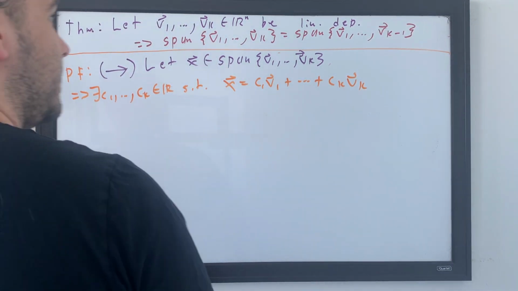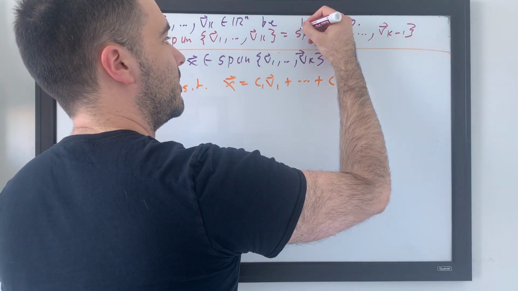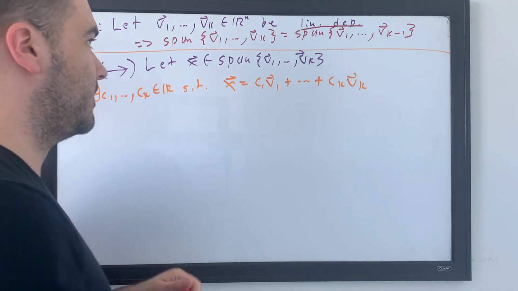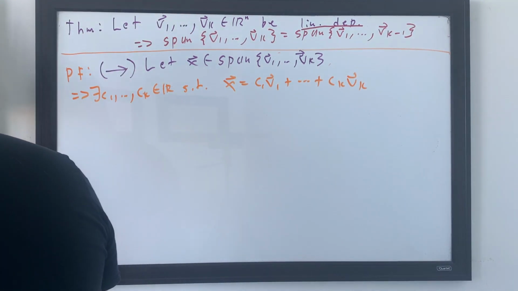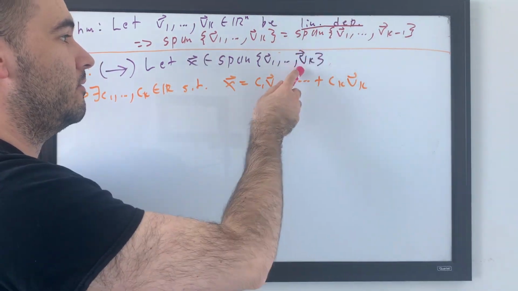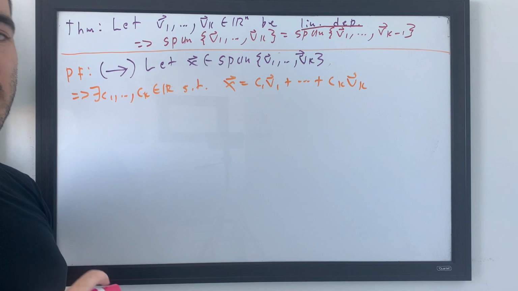Okay, so here's where the point of it being linearly dependent comes into play. We said from the previous proof that technically, because v1 to vk is linearly dependent, vk can be written as a linear combination of the others.